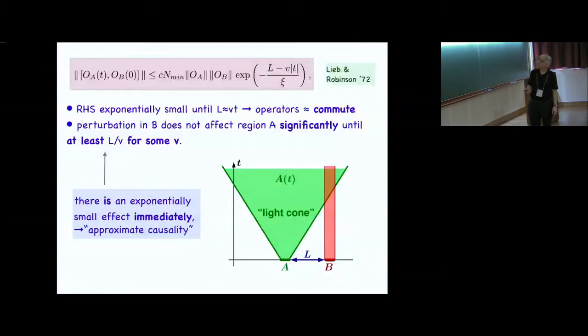So now let's try to connect this to light cone effects and the like. So this is the Lieb-Robinson bound. Then you can try to work out what xi and v are in some cases, but in general this is just some velocity.